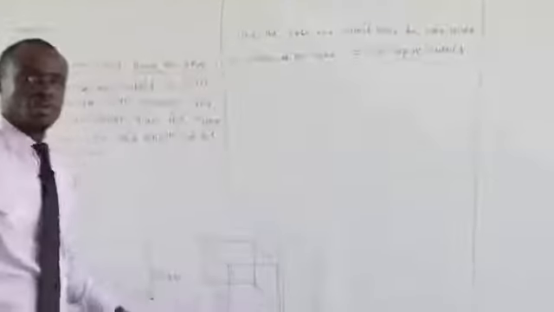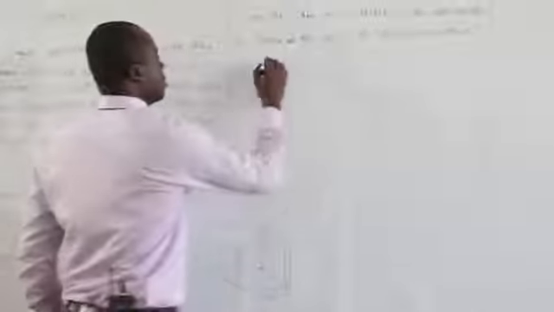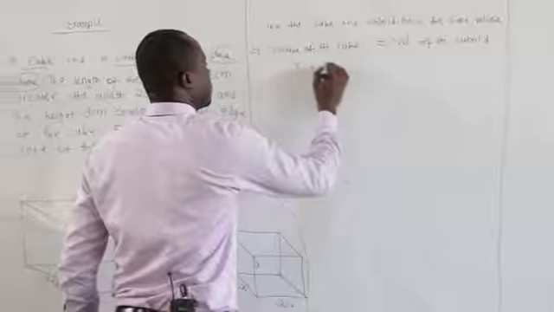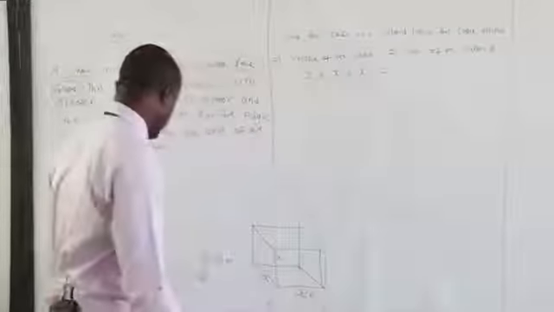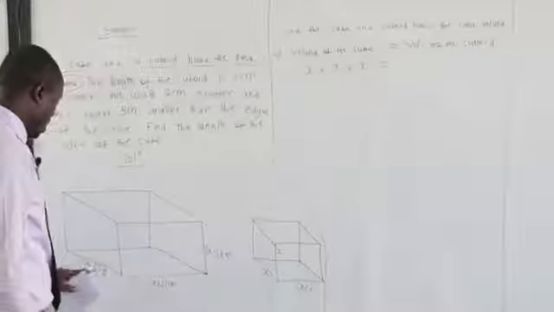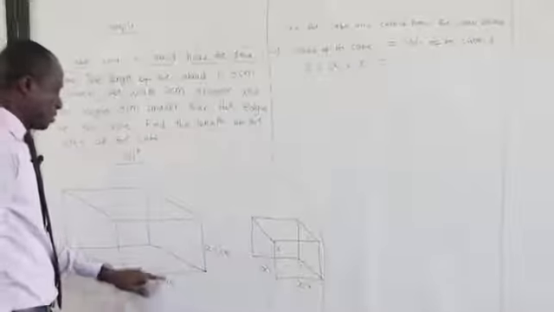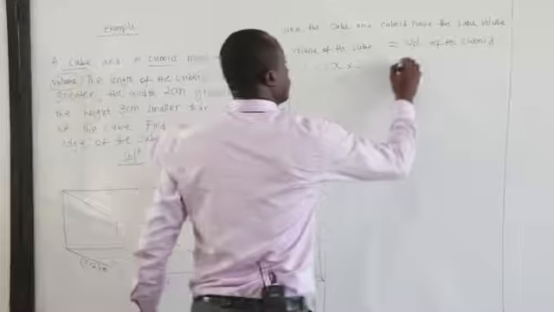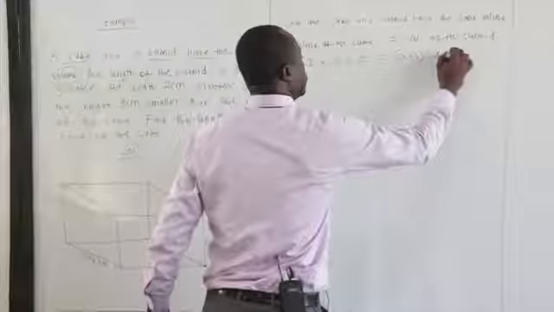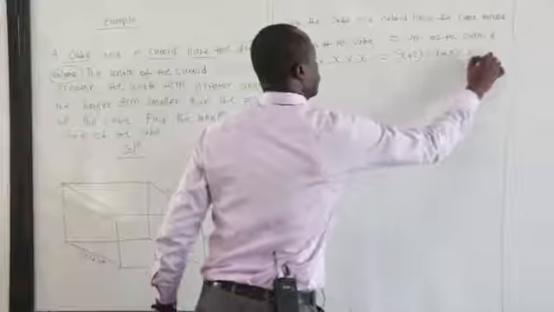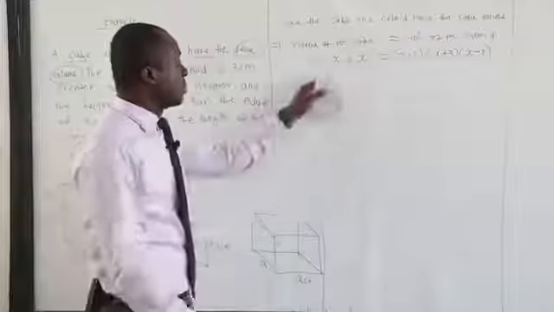Now, for cube, we have to multiply all the sides. That is x times x times x. And then the volume of the cuboid will be what? That is x plus 2 times x plus 3 times x minus 3. Now, what would this give us?